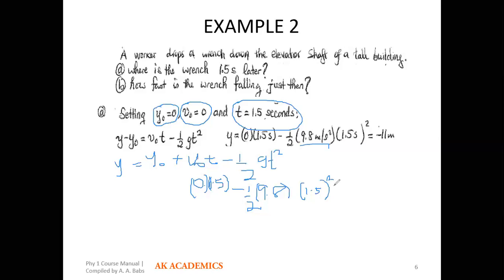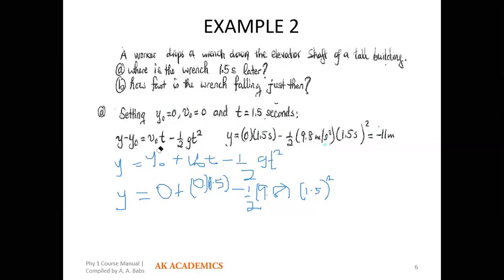So plus y naught. What is our y naught? Our y naught is 0, as you can see from here. If you implement this arithmetic operation, you would obtain our y, and that gives us minus 11 meters.